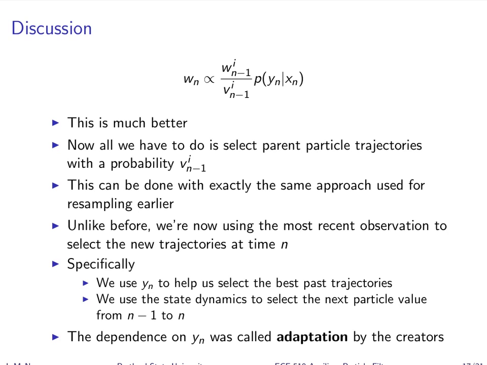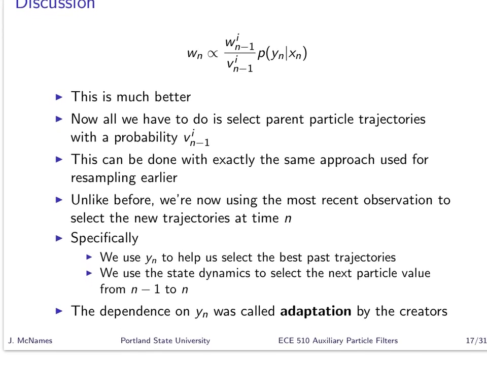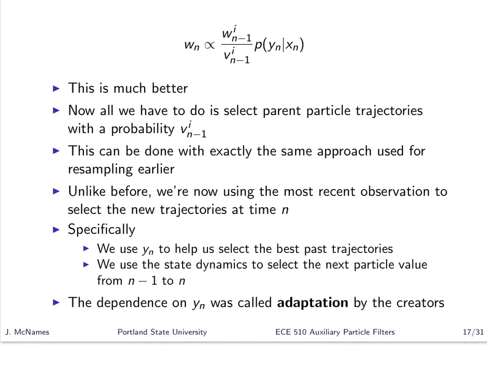We still have an outstanding problem that I haven't quite addressed yet, and there's something that I didn't make clear enough before. One of the things we have to do, which I said is really hard, is drawing particles from the smooth posterior. But now we've got a representation of the smooth posterior where it's these impulses with weights. And we actually already know how to draw samples from that kind of distribution because we did exactly that when we were doing resampling.